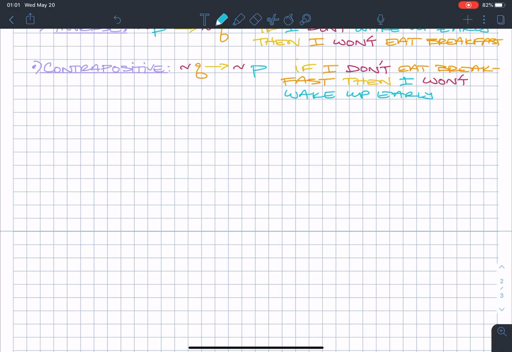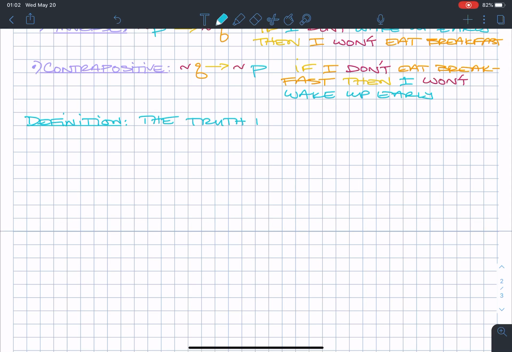Okay, so moving on. So definition. So the truth table for the conditional statement, P implies Q, is given by.